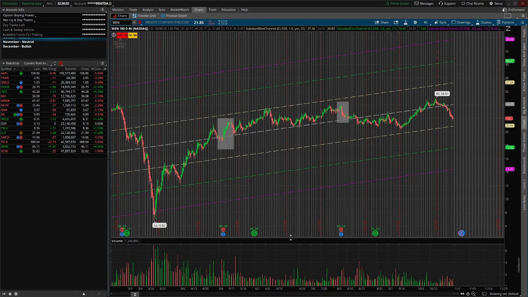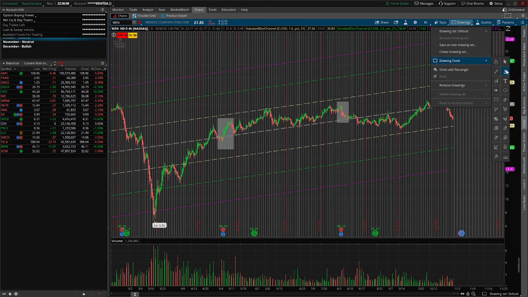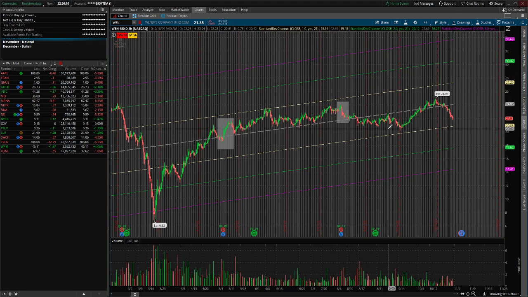But what I can tell you is the support level here. That one, and you've got one right here. I would say 20.89 and 20.47 are two key support levels for this.